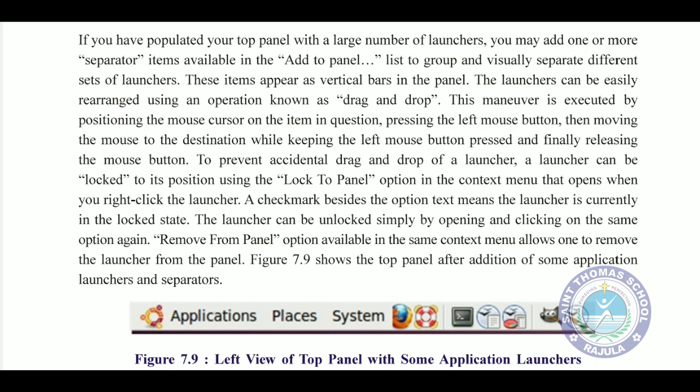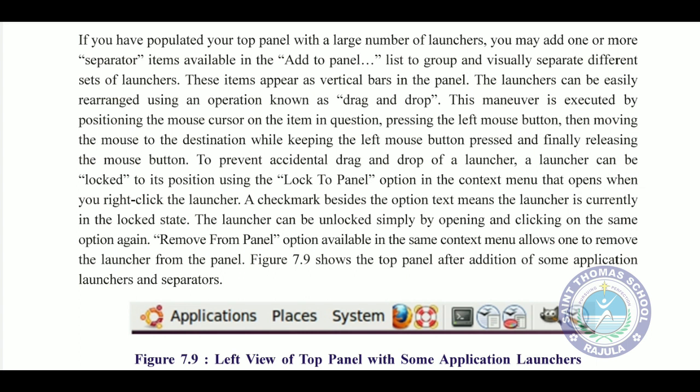From that context menu, you select the Lock to Panel option, and then a launcher can be locked to its particular position and nobody is allowed to move that icon from one place to another. And if you want to unlock it, again right-click, the context menu will open, and by clicking on the same option, you can unlock it again.